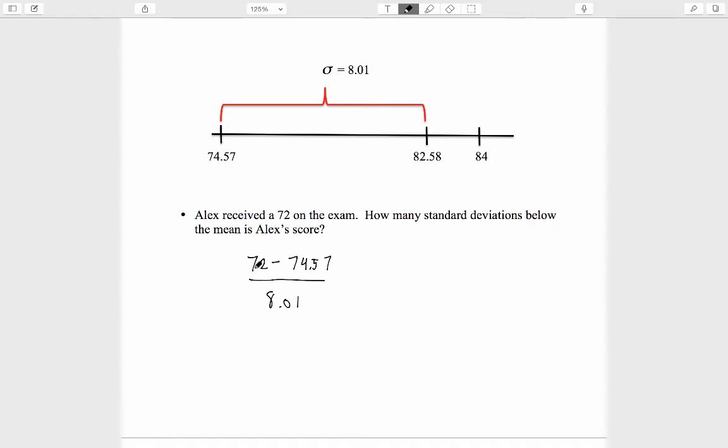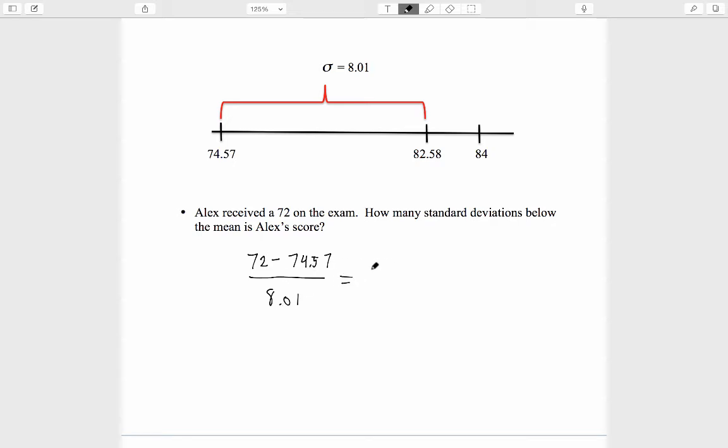As before, we compute score minus the mean divided by the standard deviation. This difference is negative 2.57 points, so Alex scored 2.57 points below the mean. This turns out to equal negative 0.3208. Alex scored approximately 0.3208 standard deviations below the mean.